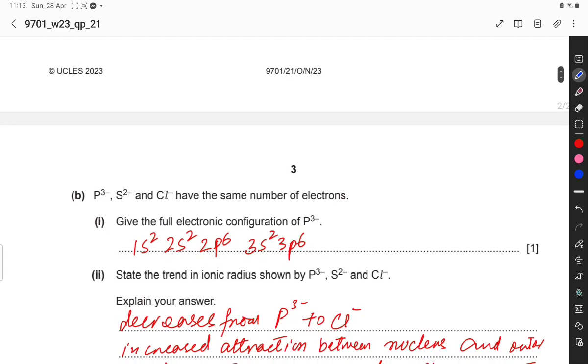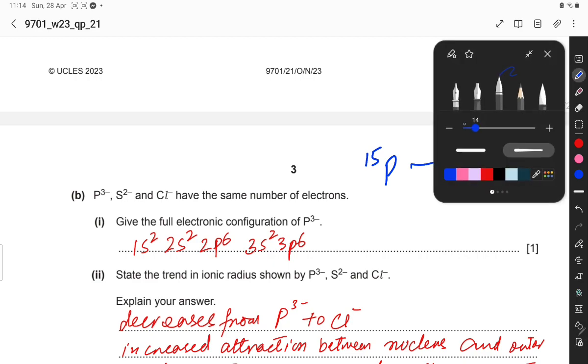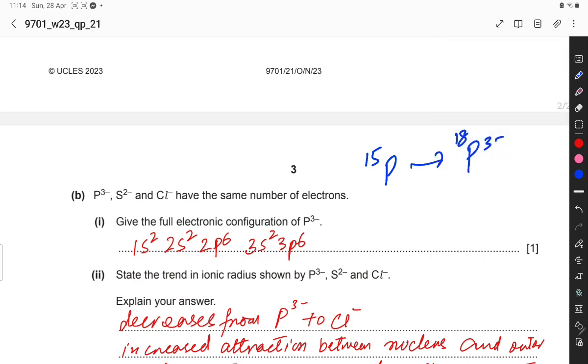Next question: phosphide, sulfide and chloride have the same number of electrons. Give the full electronic configuration of phosphorus 3 minus. Phosphorus has proton number 15, and because it is phosphorus 3 negative, it has 18 electrons.